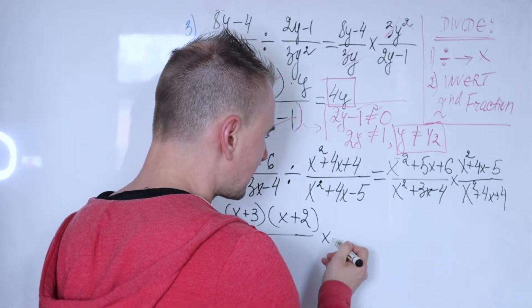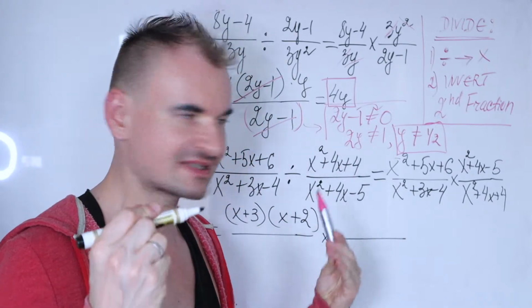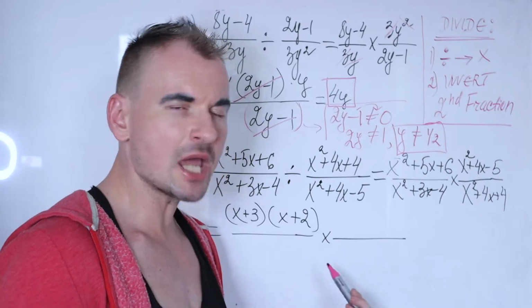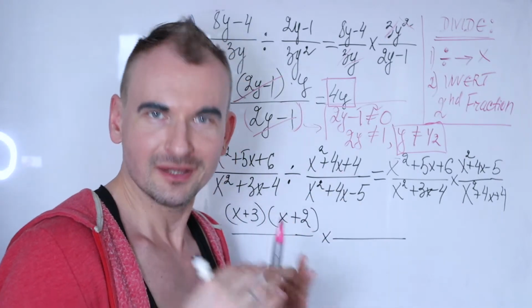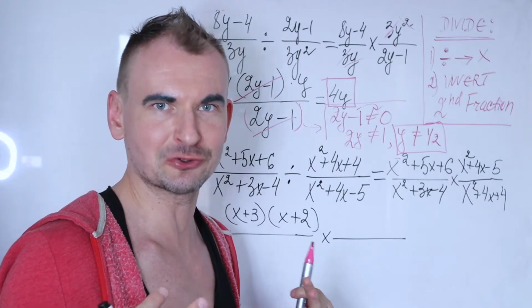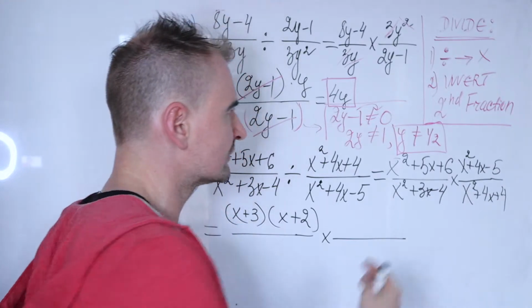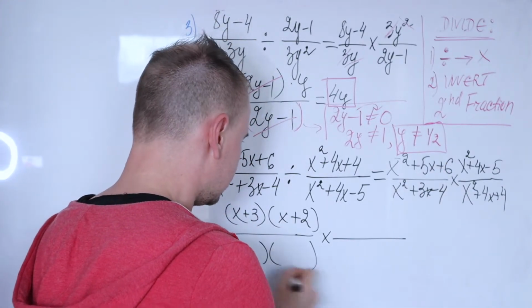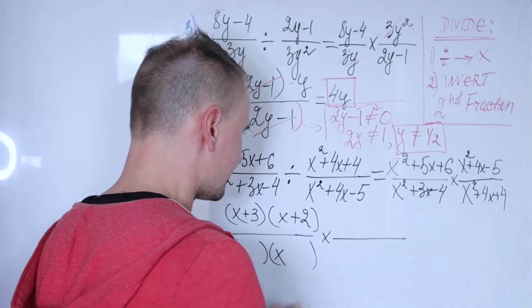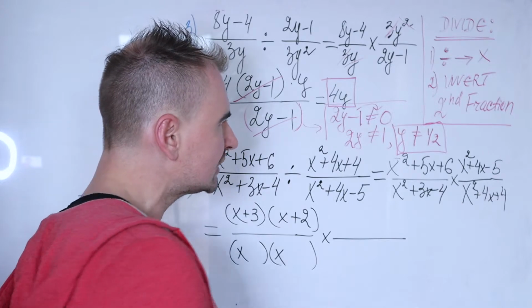Now, we could actually write the same bar, the same division line, but let's keep it like this, because I hope we will be able to cancel something. That's actually what we're aiming for. Let's look at the bottom. So again, you have two sets of parentheses, both starting with the x, the variable you are given.